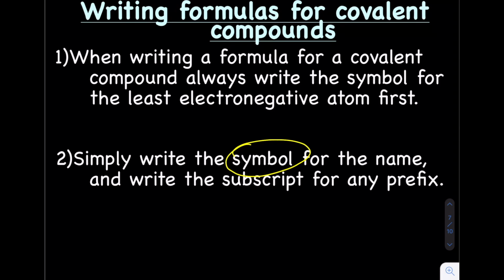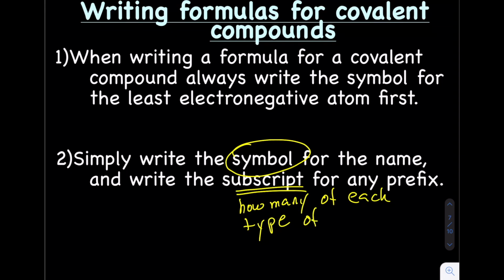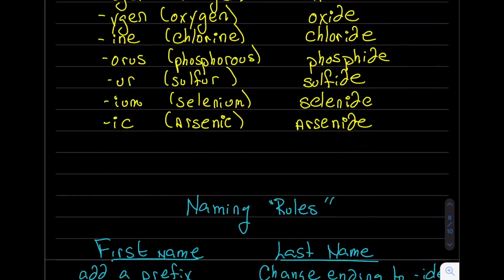And a subscript, by the way, tells you how many of each type of atom. Okay. So again, this really isn't too bad. All right, so let's try several of these.